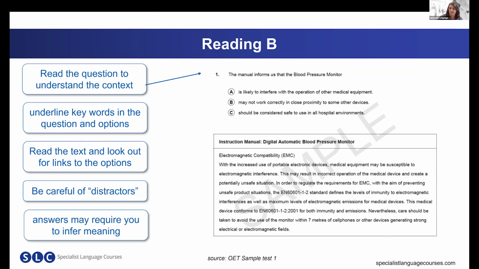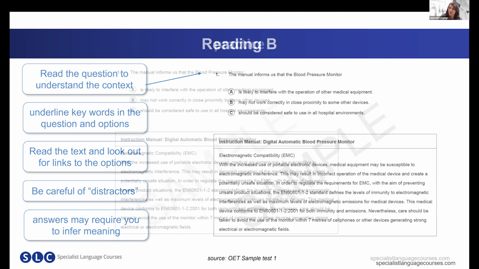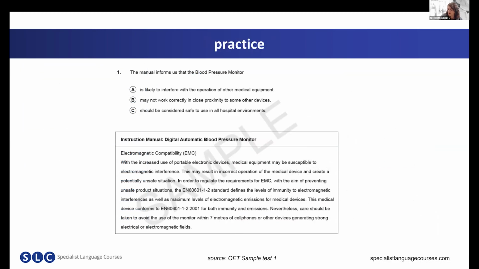Answers in Reading B may require you to infer meaning. This means they may require you to understand the main idea of the text and draw some conclusions. So let's do an example together. We're going to have one example together, and then there's one question for you to practice and try out.